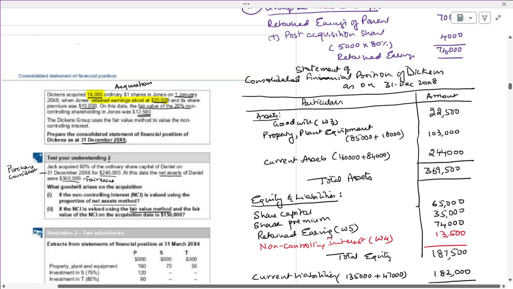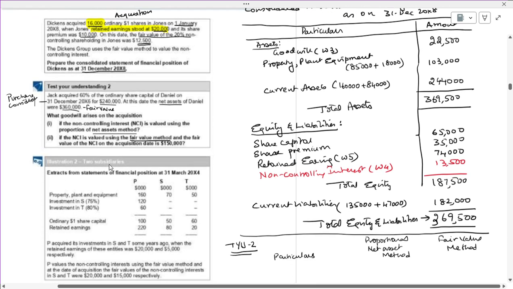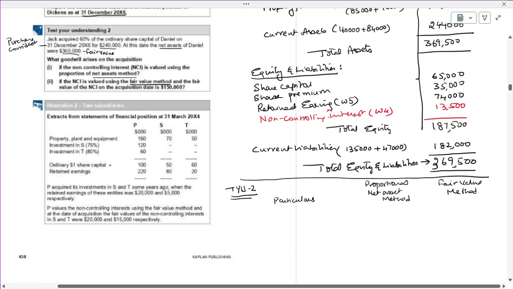Parent company holding at fair value. Nothing will change there. They purchased for 240.